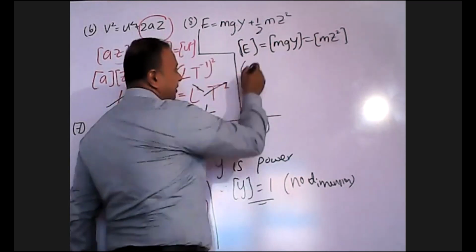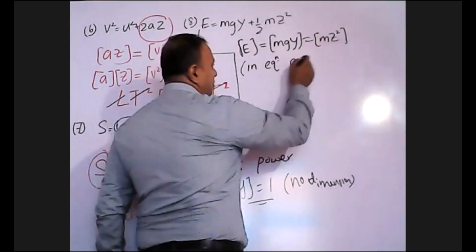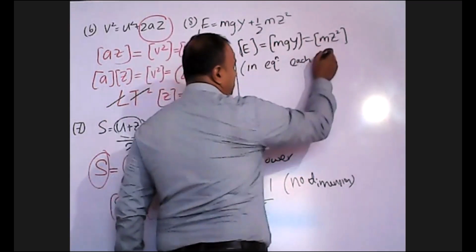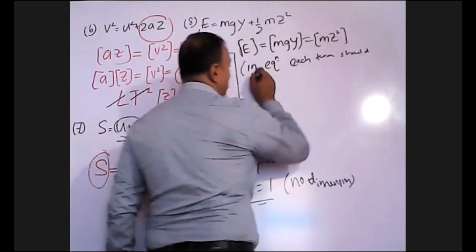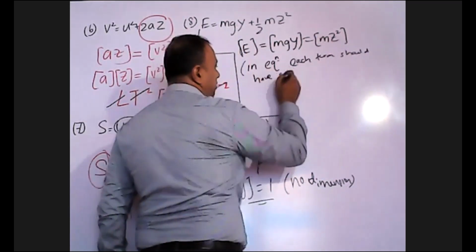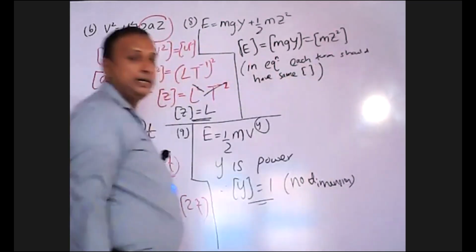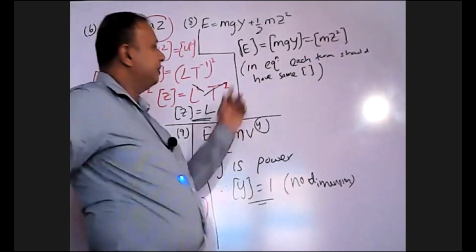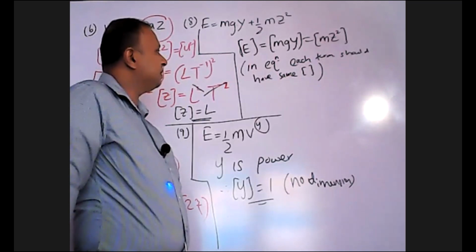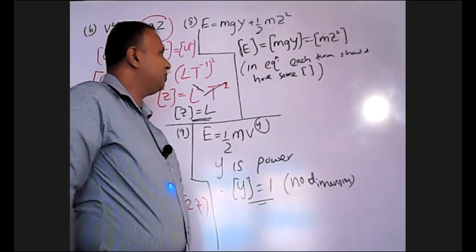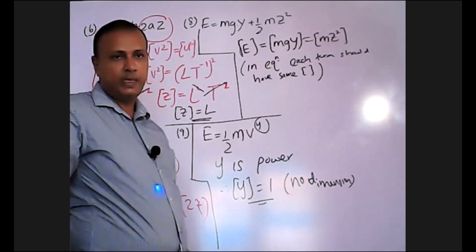In an equation, each term should have the same dimension. Write it in a very short form. That is my logic. That is my argument.